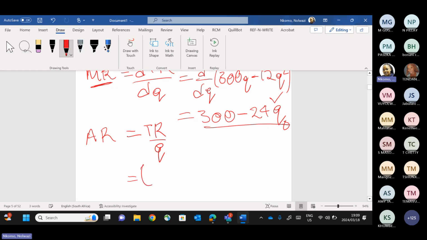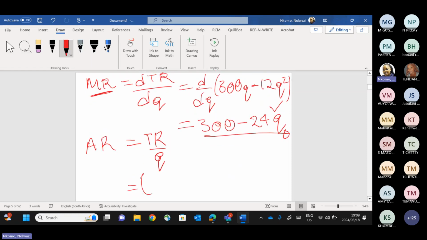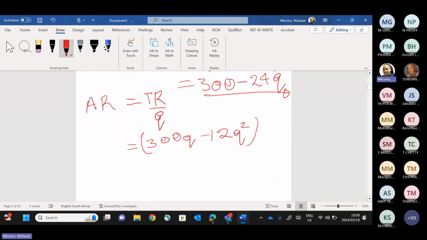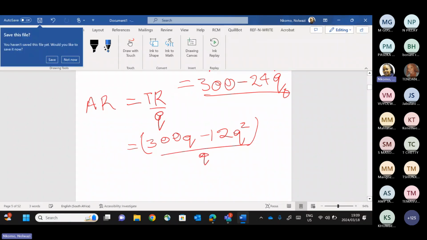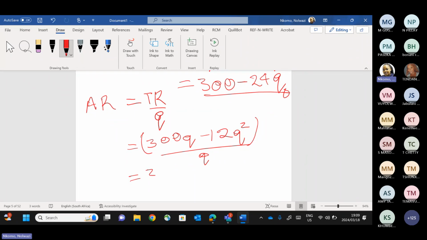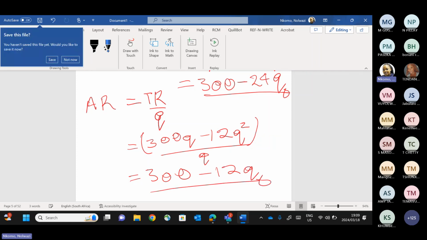We said our total revenue is 300Q minus 12Q squared. Okay, we are dividing everything by Q. If you divide everything by Q, you should have 300 minus 12Q, which is the average revenue, right?